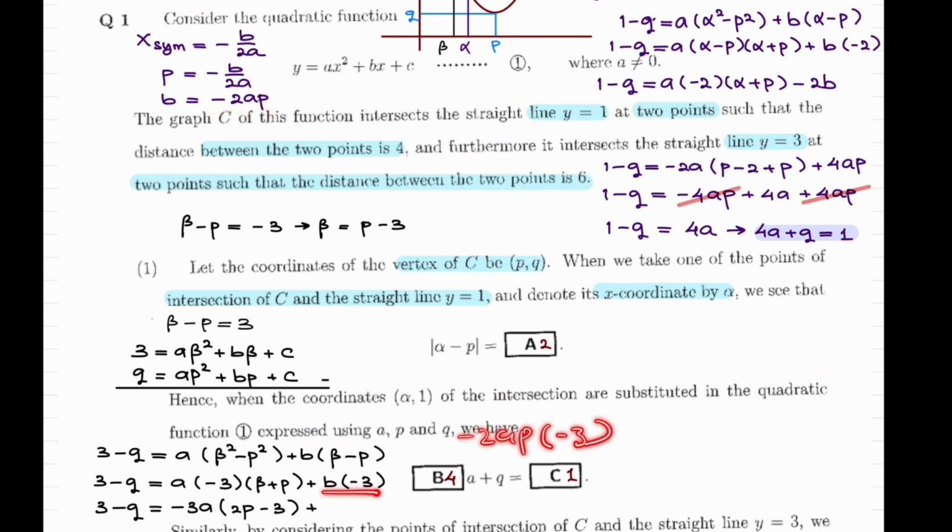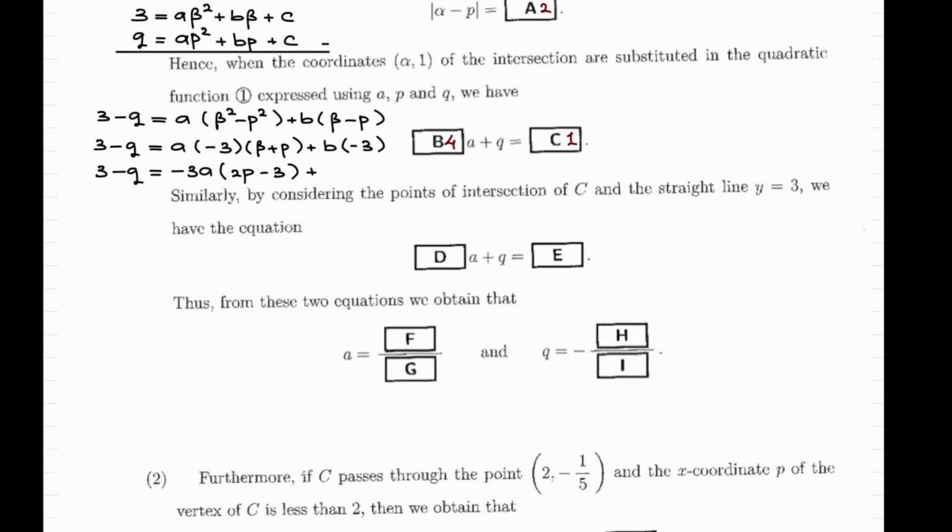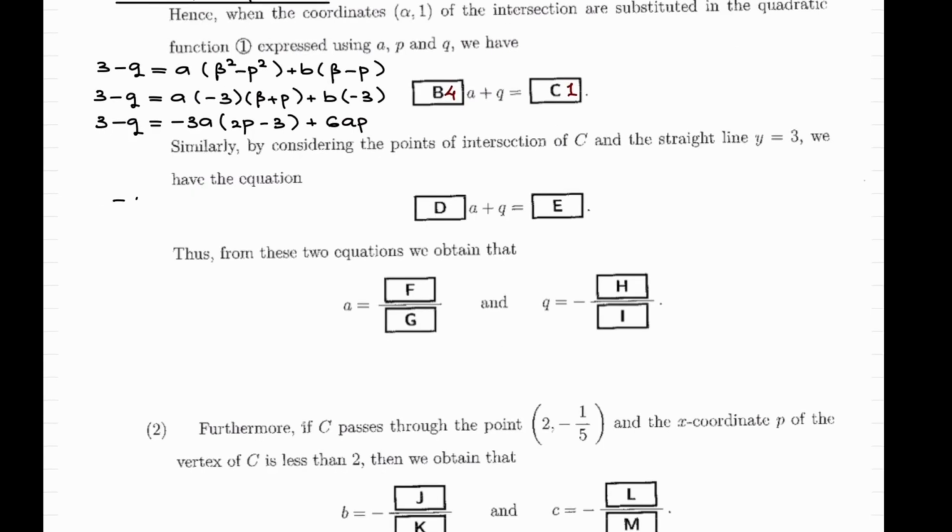From here, you will get 6aP. Finally, you will have 3 minus Q equals negative 6aP plus 9a plus 6aP. Once again, we can cancel out negative 6aP and 6aP here.